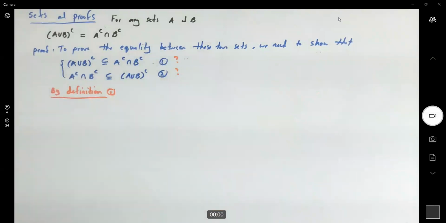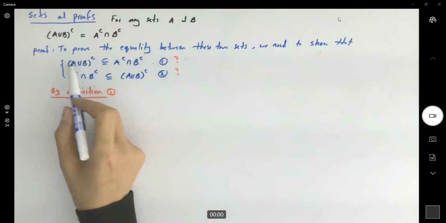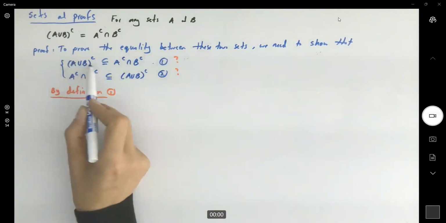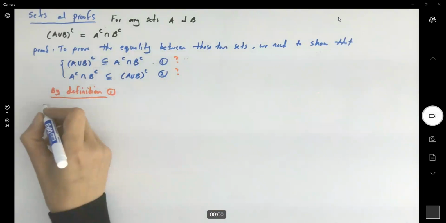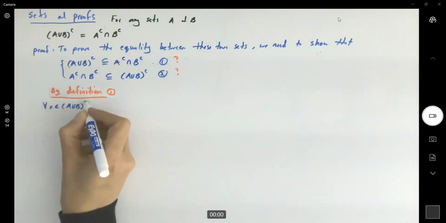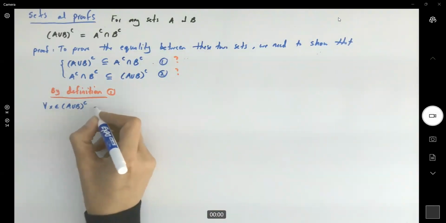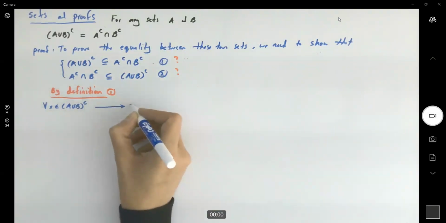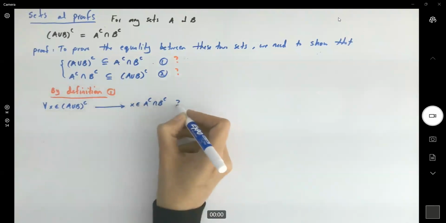The very first one says, hey, for any random element X in the complement of the union, that element must land in the set on the right-hand side. It means that you're trying to show this for any X belongs to A union B complement. You're going to try to show that X belongs to the intersection of their complements, question mark.